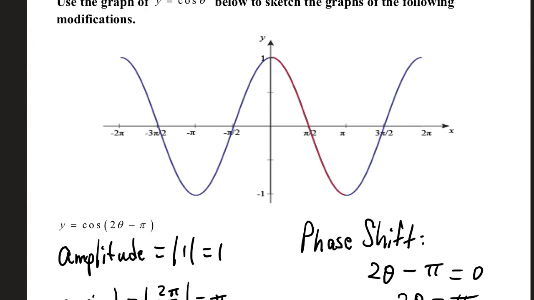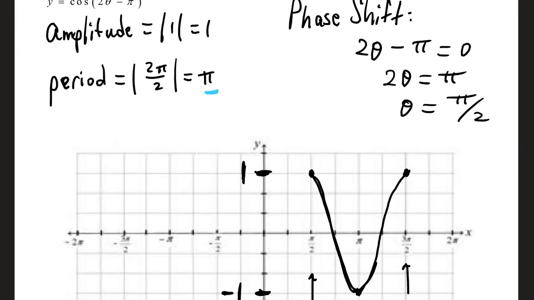So we're going to start at pi over 2. Where do we end? If you add pi to it, you get 3 pi over 2. The phase shift is the start, phase shift plus period is the end, and then we hit all the key spots in between. Here's our graph.